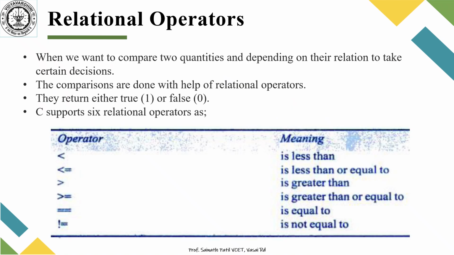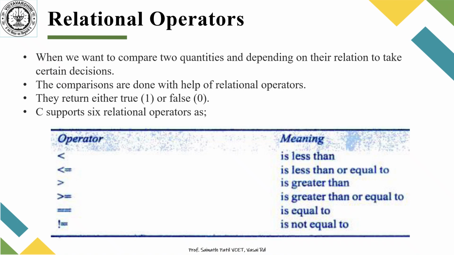When we need to compare two quantities or numbers, and depending on their relation we want to take certain decisions during programming, we use relational operators. Comparisons are done with the help of relational operators, and a relational operator returns true, that is 1, or false, that is 0.